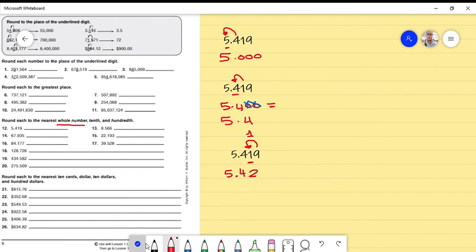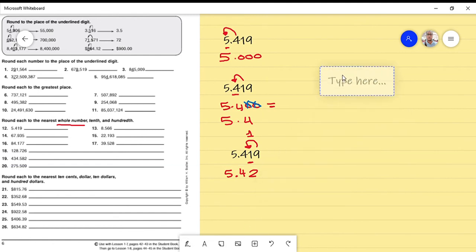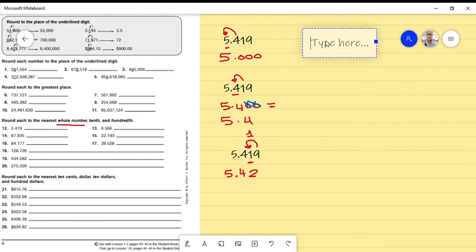Let's answer another question. Let's move to question number 20: 275.506.